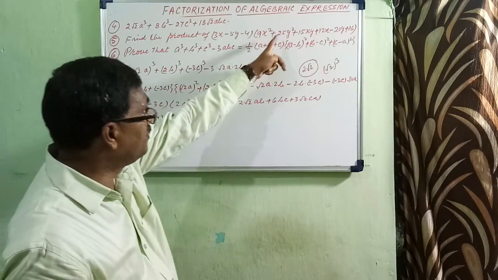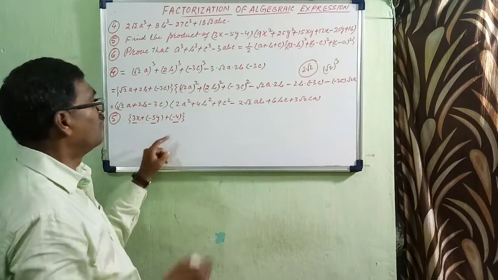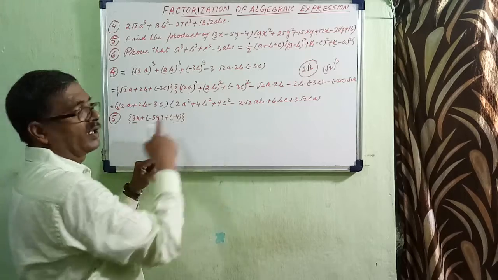The remaining term, whatever is written exactly, don't look at this, look at the A, B, C. Whenever you are applying this formula, what can you say?